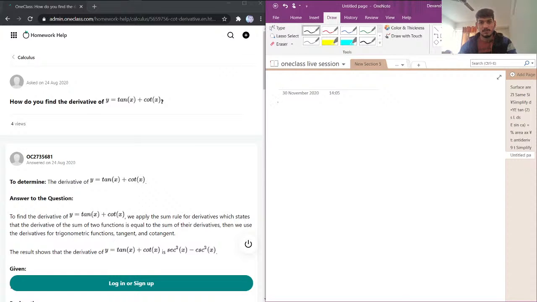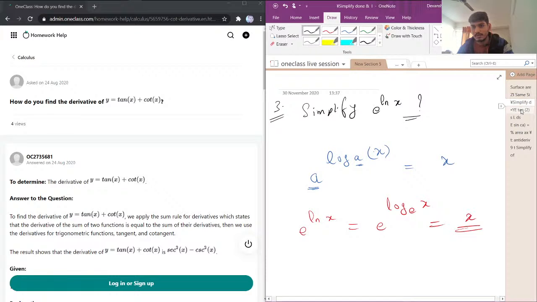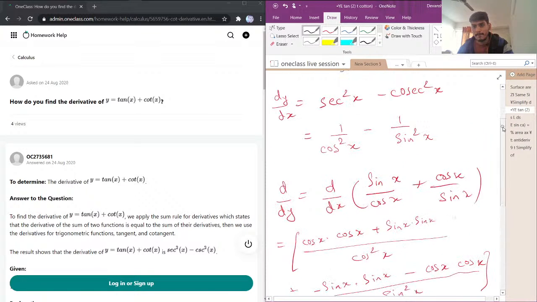So question number 10. Find the derivative of tangent of x plus cotangent of x. I think I have done this question before.